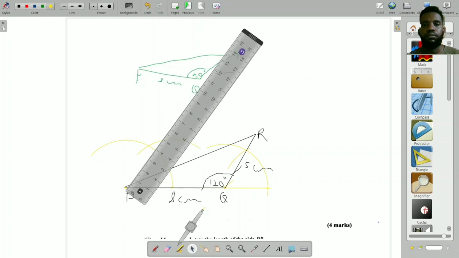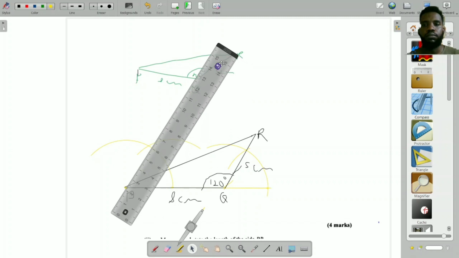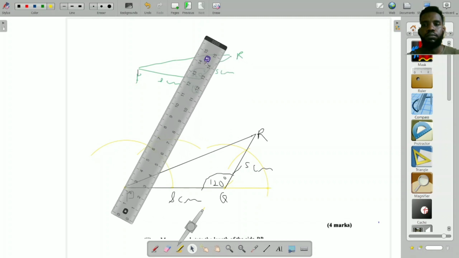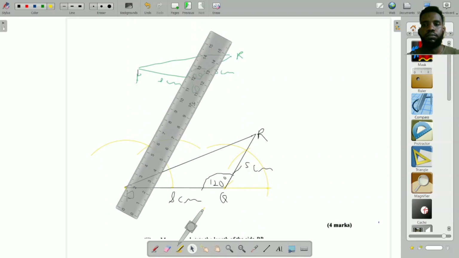All right, good. Now let's set this up in such a way. I probably need to turn it back a little bit. But I need this to be exactly 5, right? So let me put the 0 mark there.